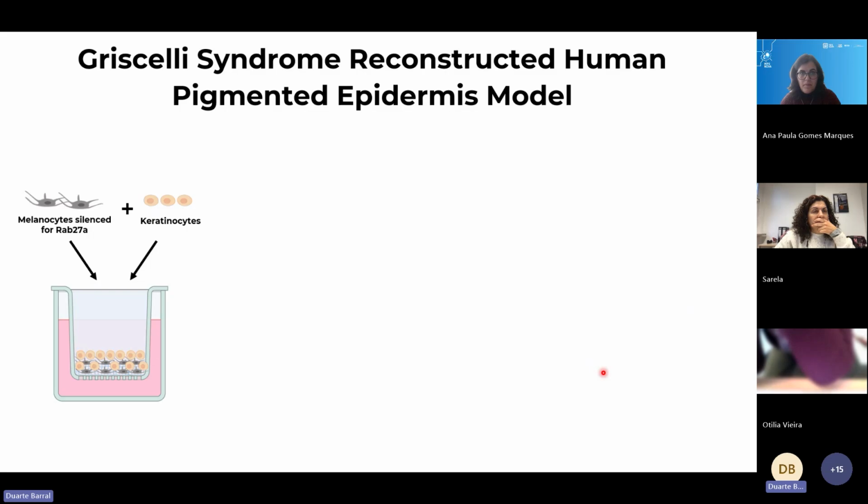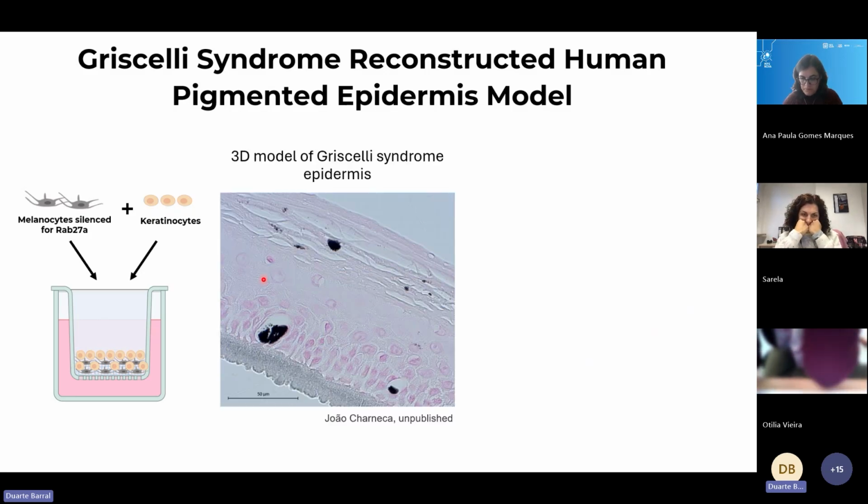We tried to model this disease in the lab, and for that we used the reconstructed epidermis, but instead of normal melanocytes, we used melanocytes silenced for RAB27A and normal keratinocytes, all primary human cells, and we could nicely recapitulate the accumulation of melanin inside melanocytes in this reconstructed epidermis.